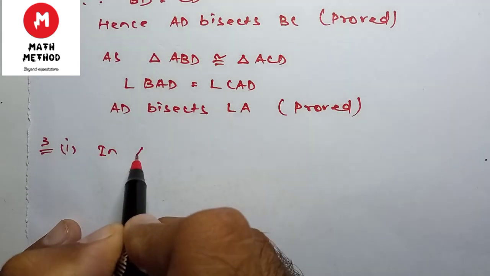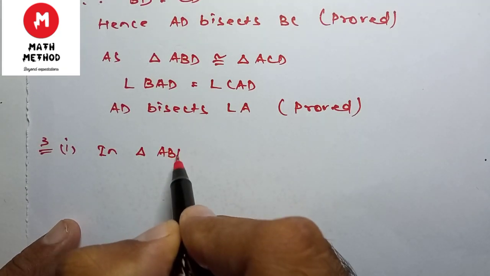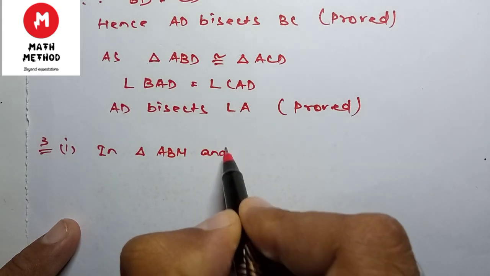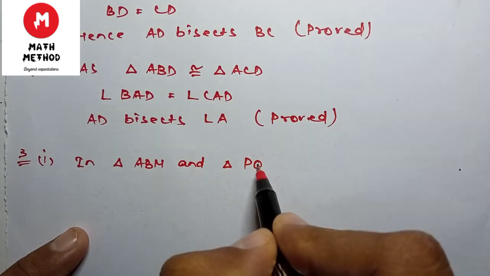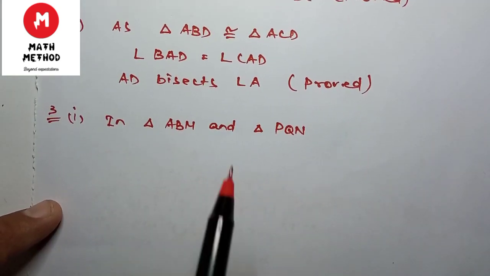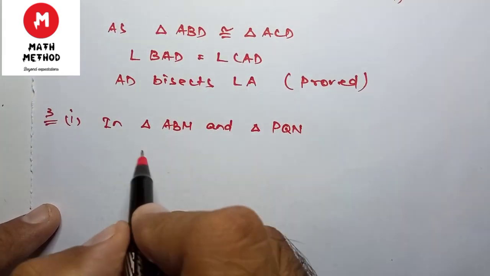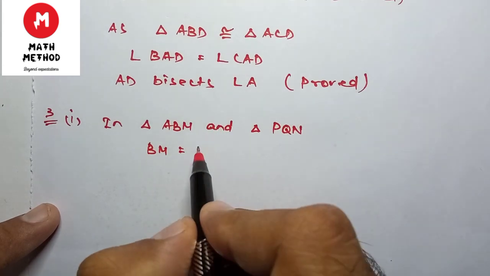In triangle ABM and triangle PQN, I can write BM is equals to QN.